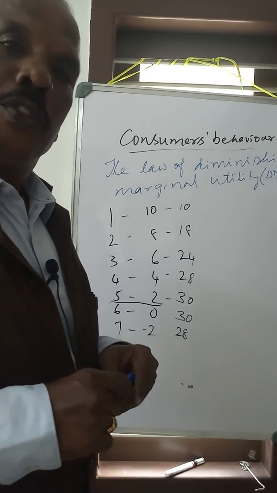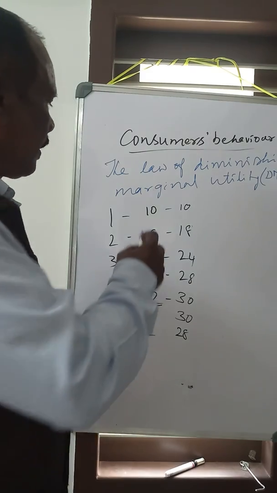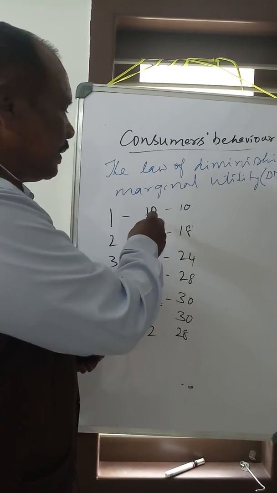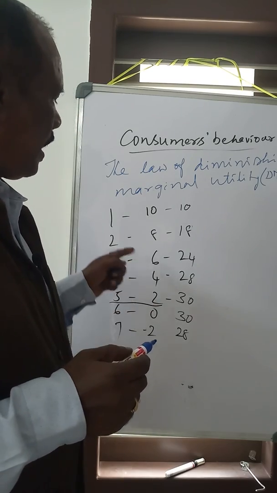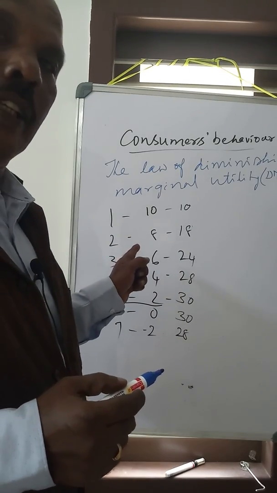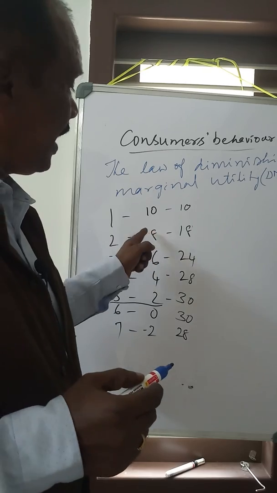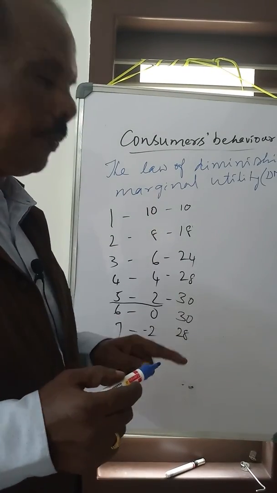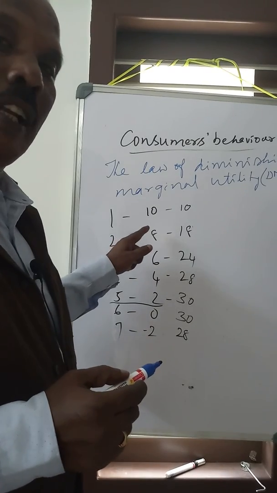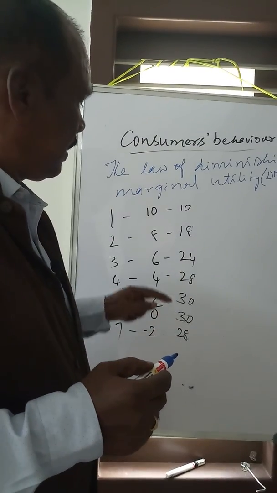When he consumes the first jamun, he derives 10 utils of utility. When he consumes the second, it should have given him 10 utils, but it is not so. It gives him only 8 utils.